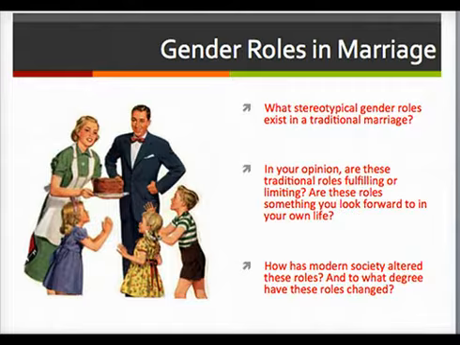So we can see in modern society a lot of those stereotypical roles have been challenged or have shifted or changed to accommodate more autonomy in women's lives. To a greater extent, there's a lot more freedom from those traditional gender roles.